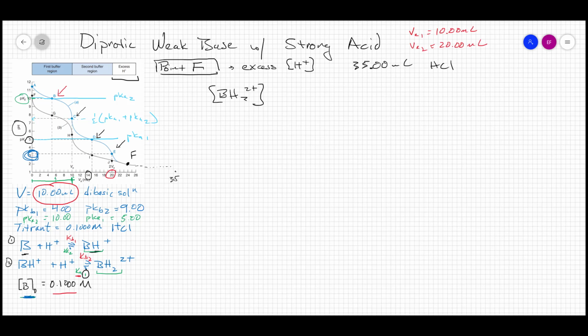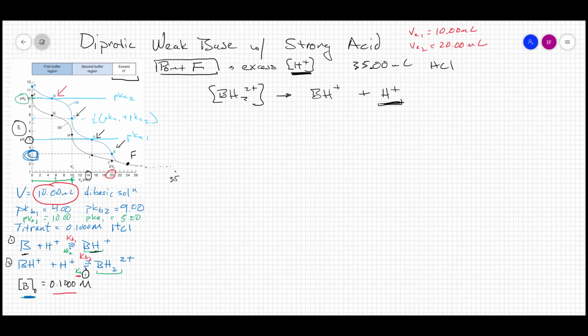So remember from a previous video, the assumption we're making here is that this thing is going to dissociate. It's going to react with water to make BH plus some new protons. What we're assuming here is that the protons coming from HCl are going to be far more concentrated than the little bit of protons that come from this dissociation, simply because this is a small Ka.